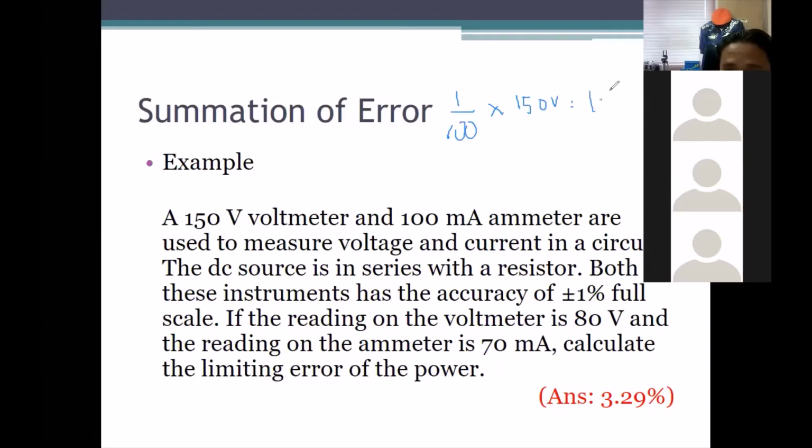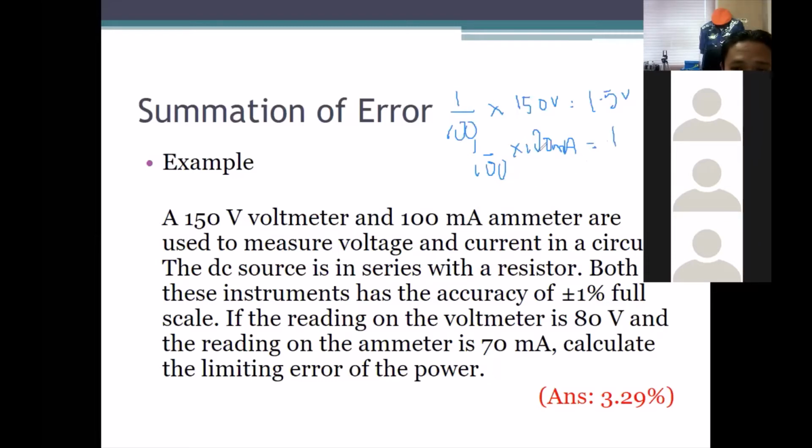Then this one 1/100 multiplied by 100 milliamp. Sorry, milliamp. One. Okay, this one.